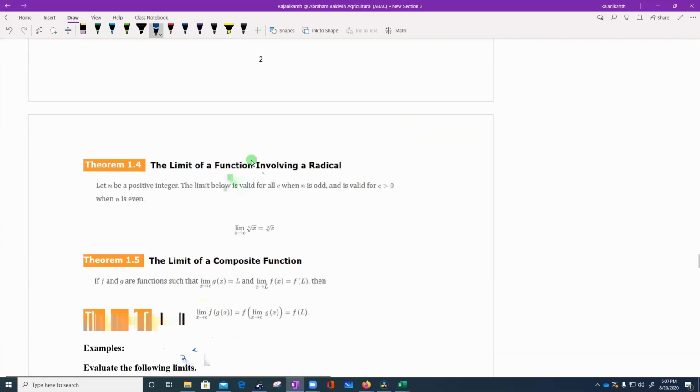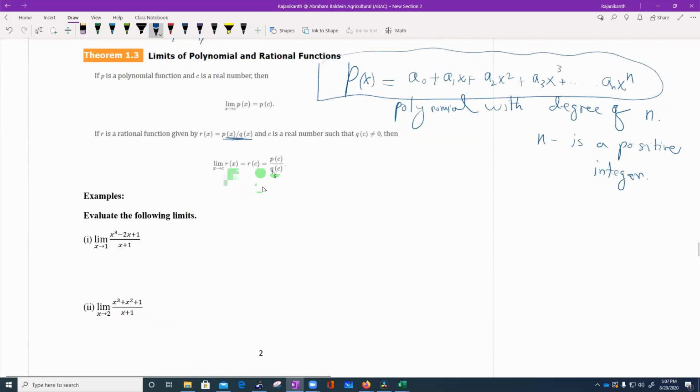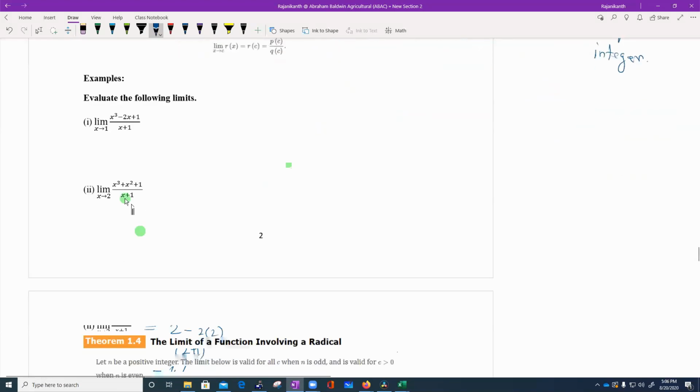So there you simply plug the x values into the polynomials and divide. This answer is true provided Qc is a non-zero number. Then only you could write it like this. If Qc is 0, then you cannot write your answer in this form. That's not correct. Okay, look at these examples now.